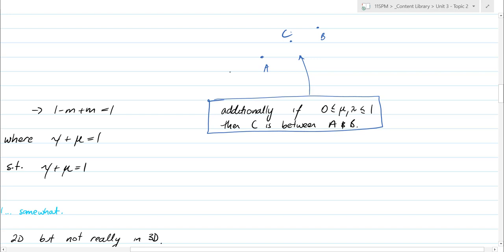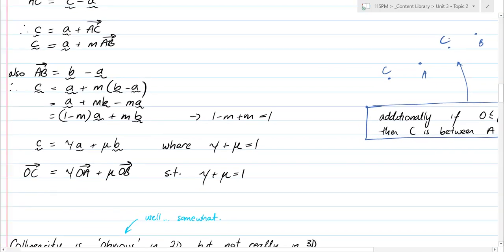But if lambda and mu aren't between 0 and 1, then C will be out here somewhere. They'll still be collinear, but the question might ask you to find a point that's collinear in between or outside, and it depends on the context. Does anybody have any questions on that?